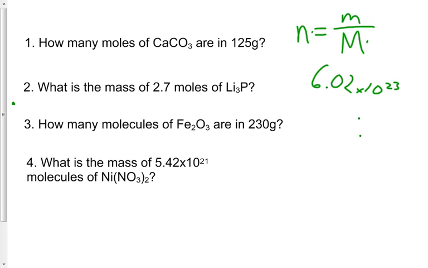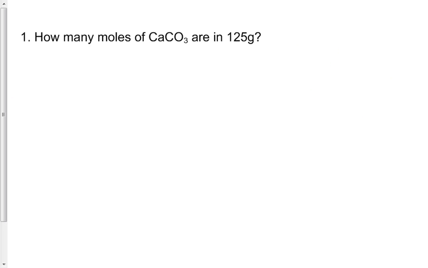So for question number 1 here, how many moles of calcium carbonate are there in 125 grams? Our first step is always to write down what the question has given us. They gave us the mass, 125 grams. And they gave us the ability to calculate molar mass because they told us that it is calcium carbonate.